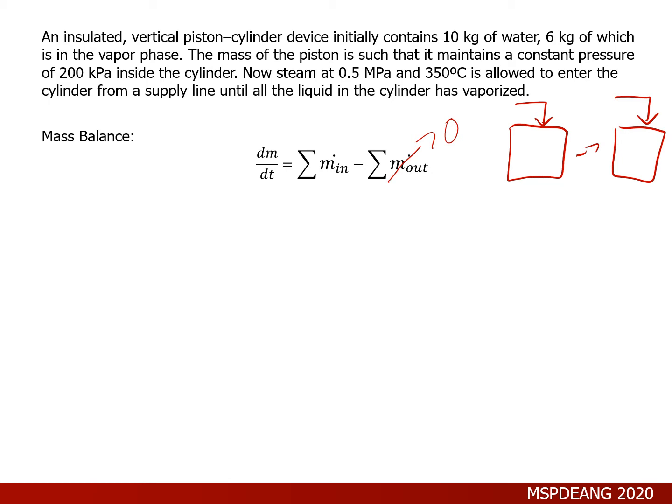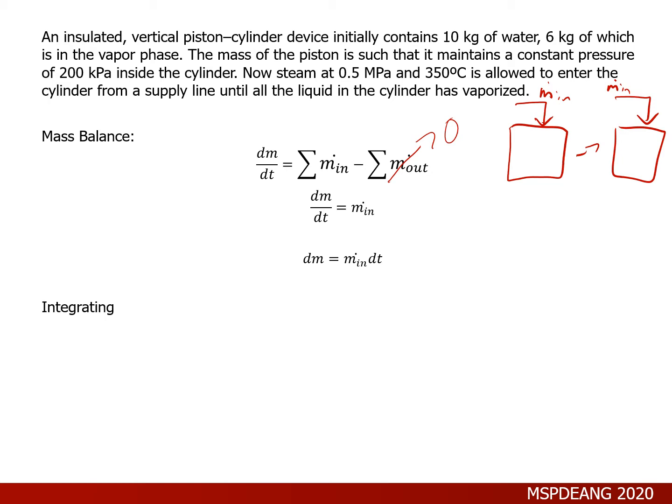And m dot in is just the mass of steam going in from our supply line, which is maintained at a constant rate. Thus, our mass balance equation will now be dm over dt is equal to m dot in. And simplifying, dm is equal to m dot in dt. And we can now integrate this.